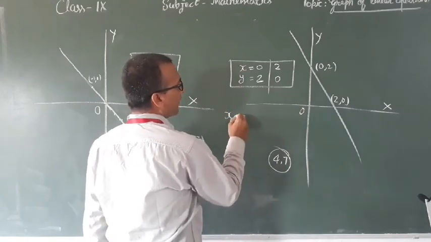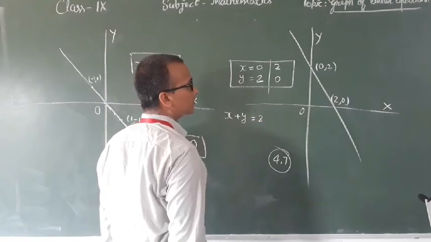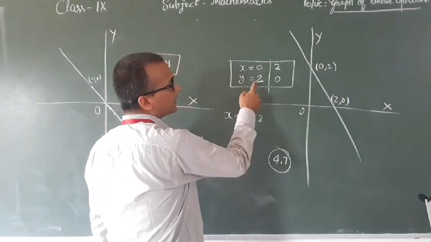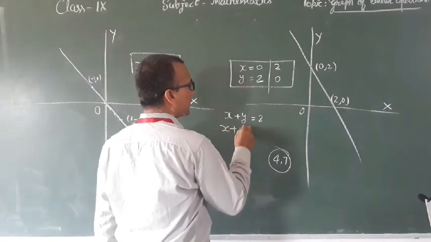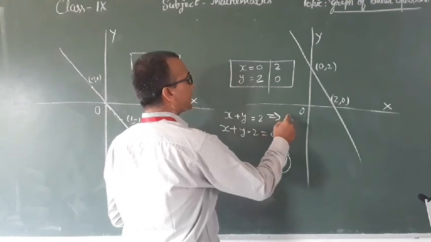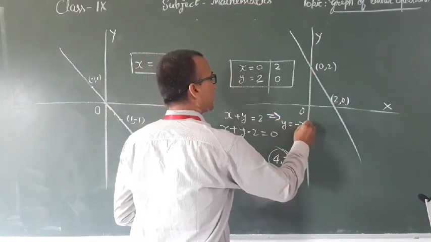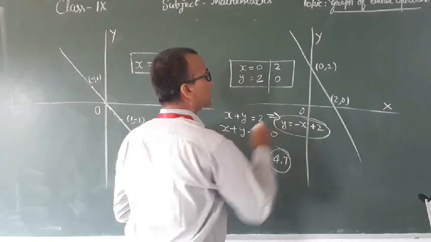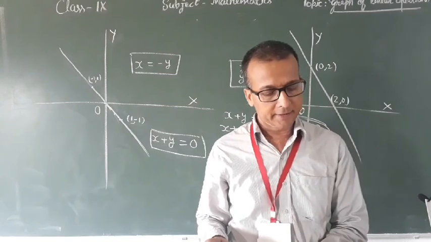Equation should be x plus y is equal to 2. Or x plus y minus 2 is equal to 0. Yes, it can be represented as y is equal to minus x plus 2. So it is our correct option. Option number 3 is correct.